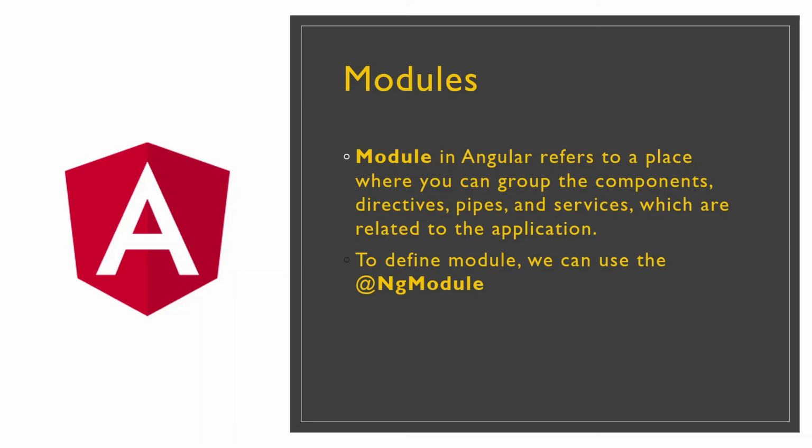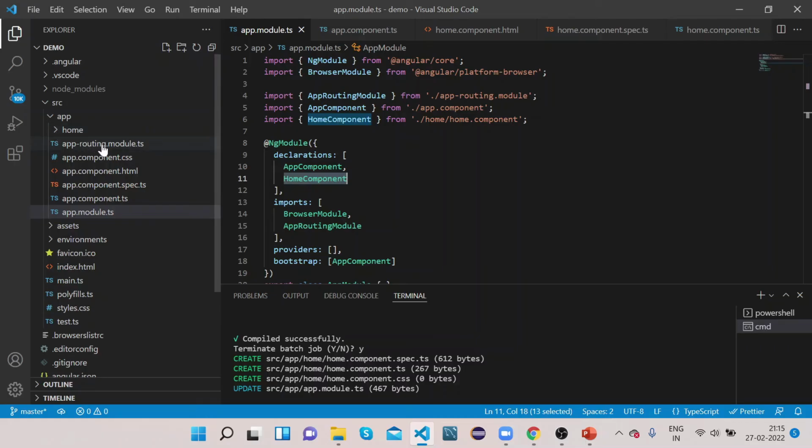Let's go to VS Code and see how a module actually looks and how we can create modules. Now let's see this app module. By default, we get this app module which has the app.module.ts file and the app component files, and we have also created one more component. As I said, a module is a grouping of components, directives, pipes. Let's go to app.module.ts.